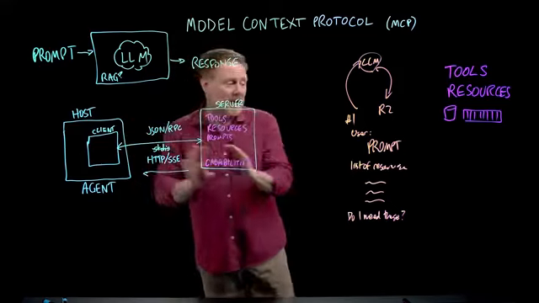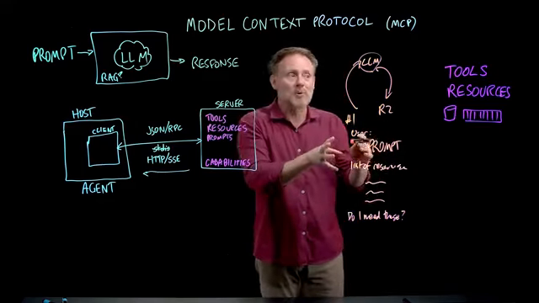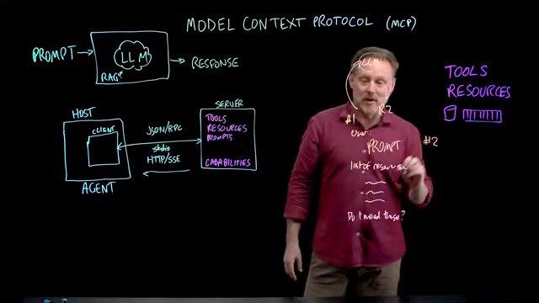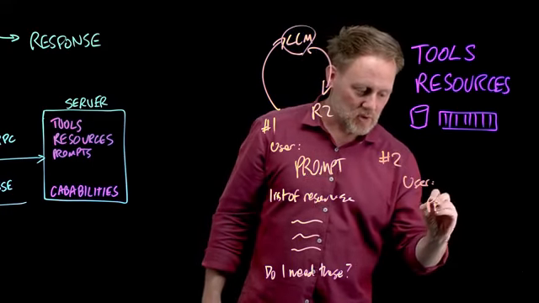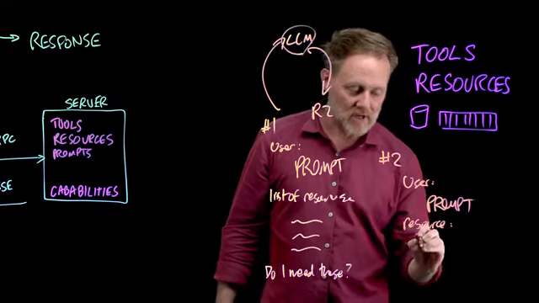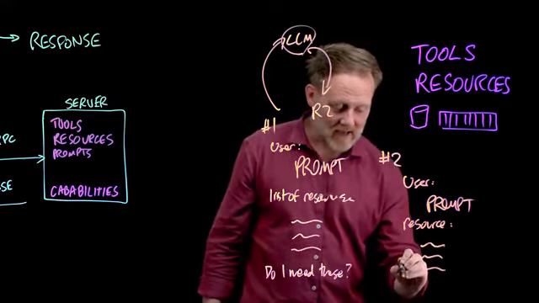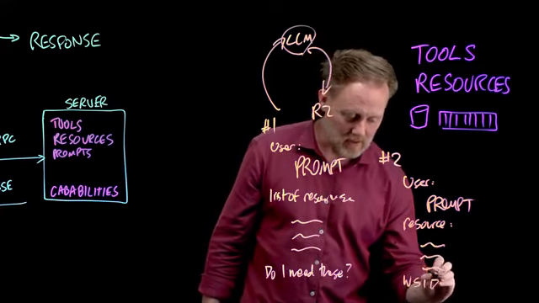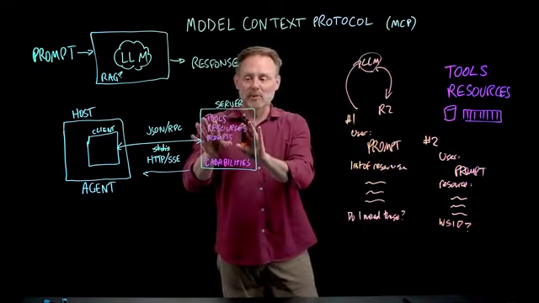I'll get that back and serialize it as text, or otherwise attach it to my next prompt, where I say, again, here is my user prompt, and now here is the resource data. And I provide that data in detail and then ask, what should I do as a result? That's how I get the model to help me interpret the resources.